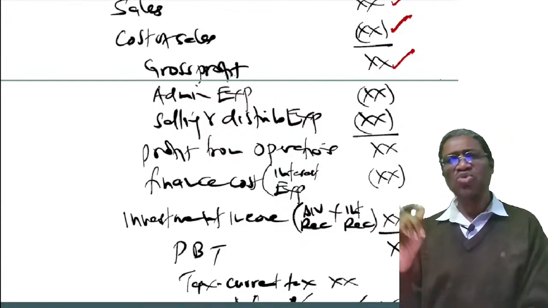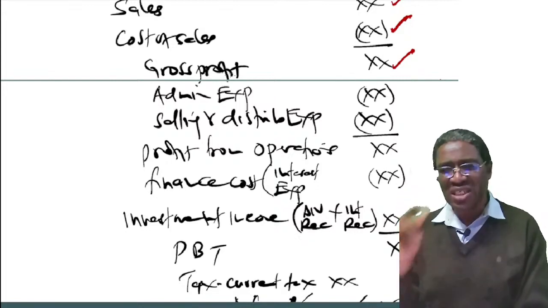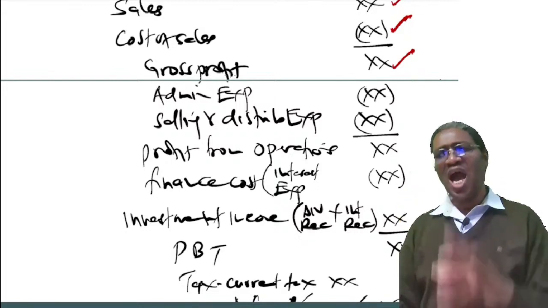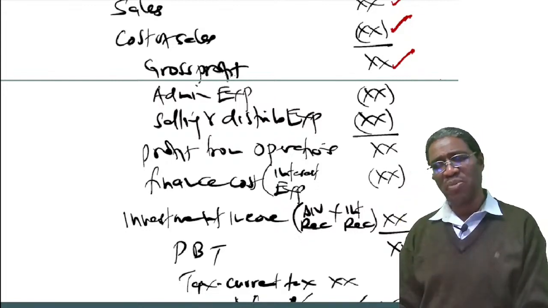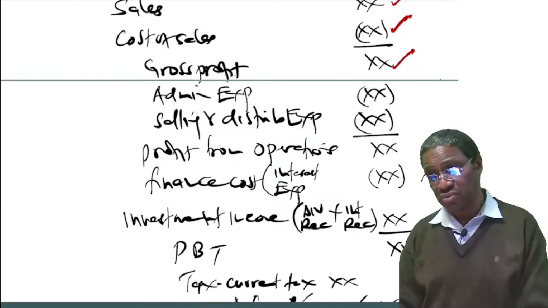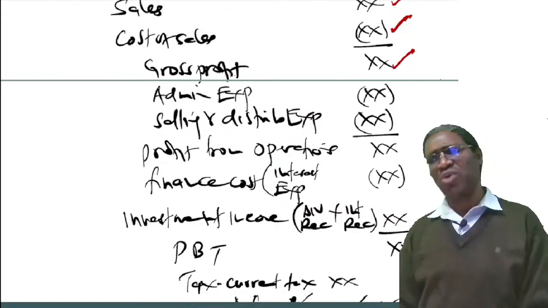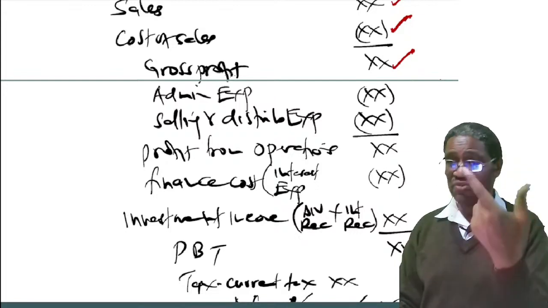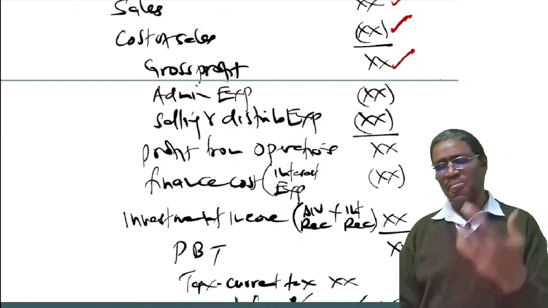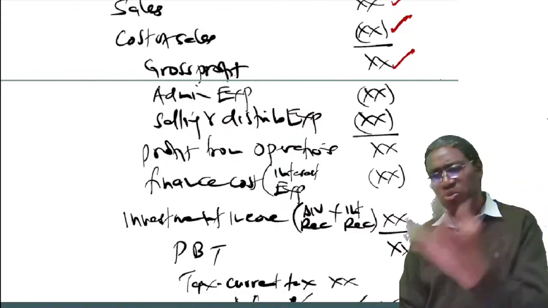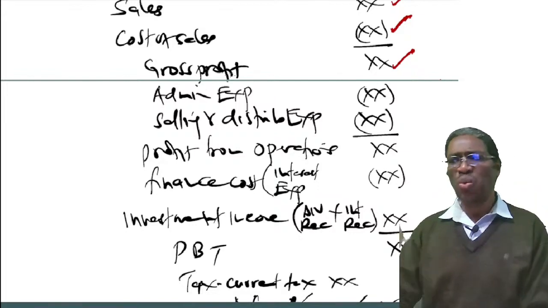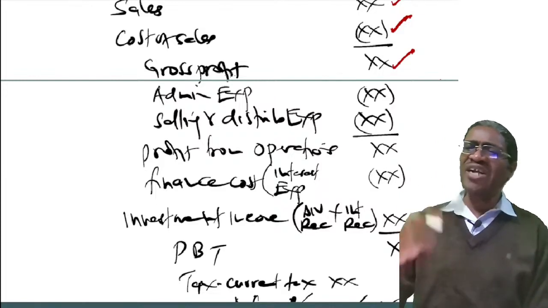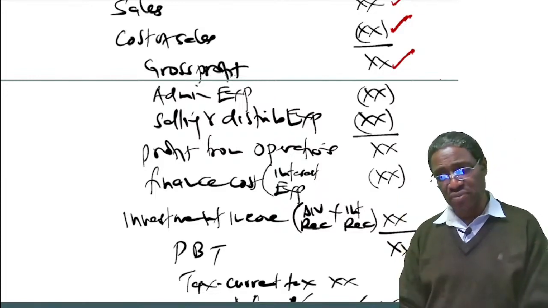We said you are required to classify the expenses according to the function they perform in an organization. And one category of functions that may be performed in an organization is the administration function. So go find out from the expenses your company has incurred which of them are of administration in nature.